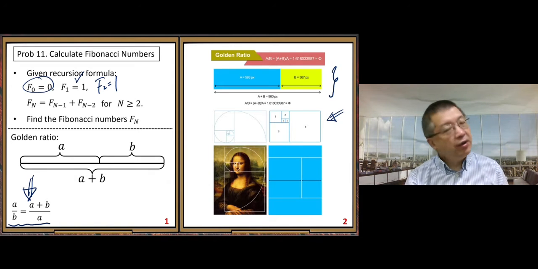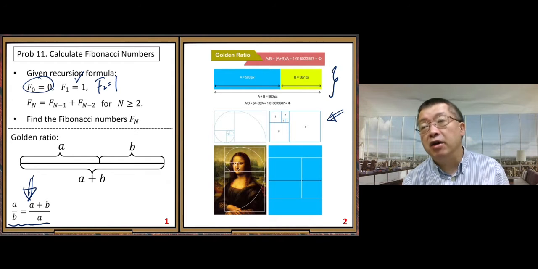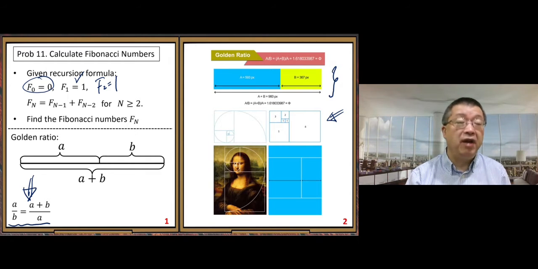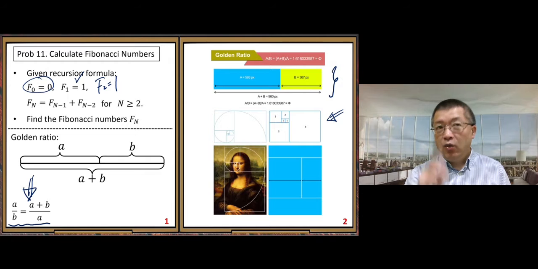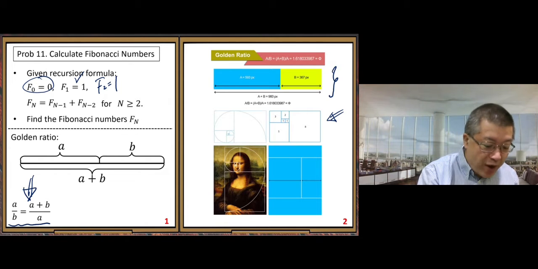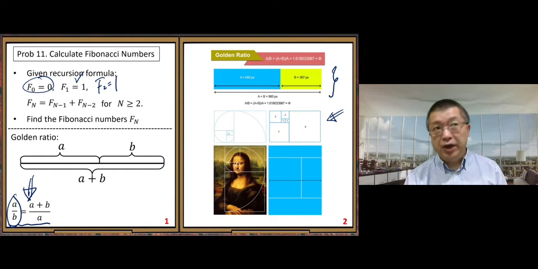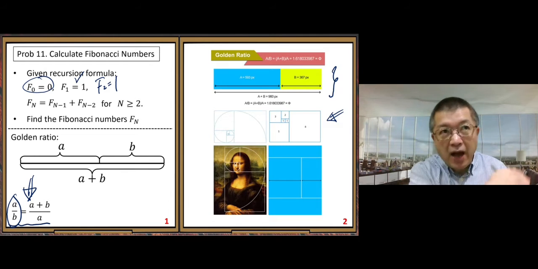Because we need at least two equations to find the value. But here we don't need to find the value of A and B. We only need to find the ratio. Ratio. That's different from the values.